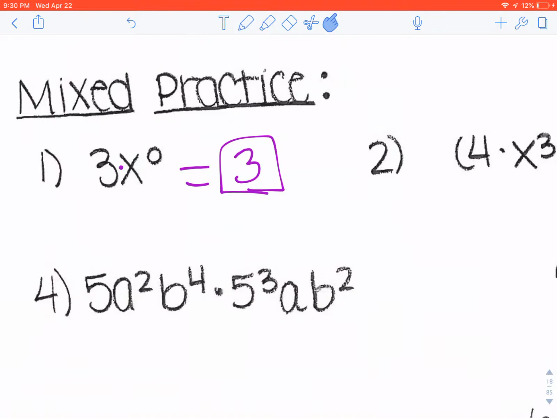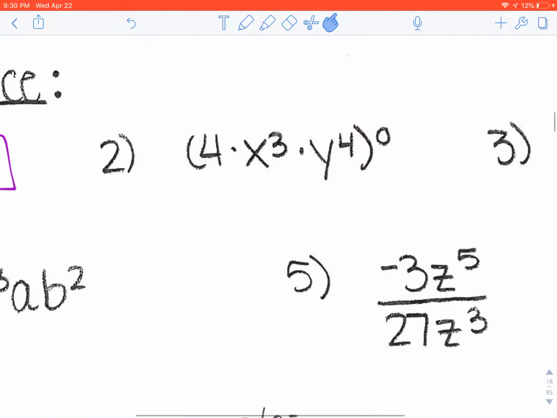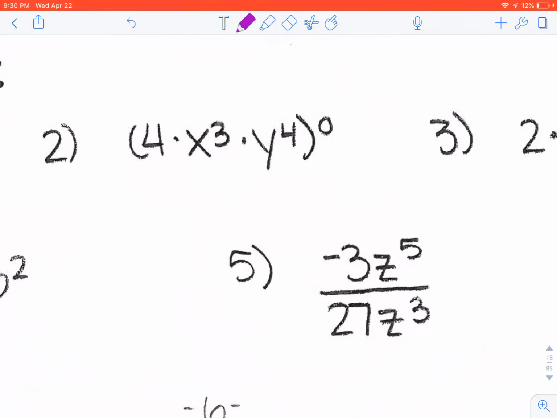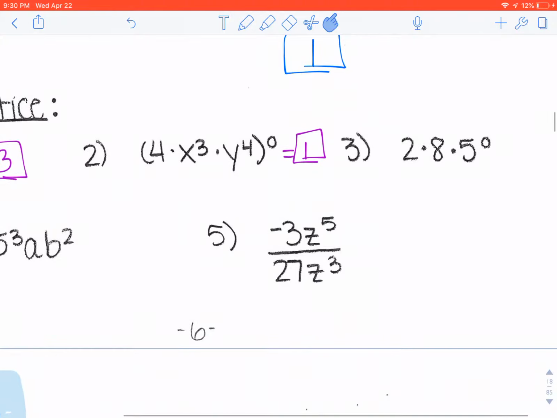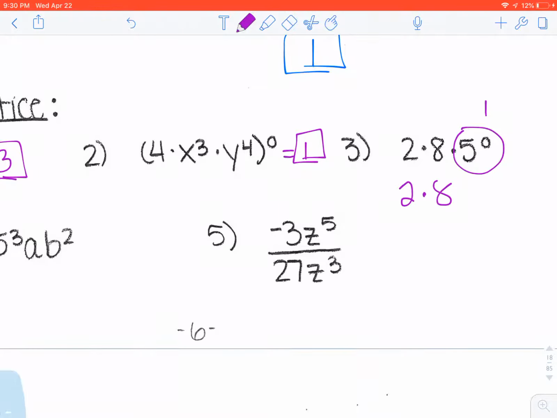So your answer is 3. Number 2, everything in parentheses is raised to the 0, so your answer is just 1. Number 3, you have 2 times 8 times 5 to the 0, so it's really 2 times 8 times 1, which is 16.